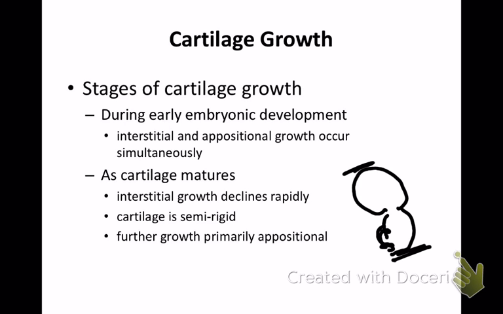Okay, so cartilage first, bone replaces, but cartilage does not turn into bone. All right, so in early embryonic development, we're going to have both interstitial and appositional growth, and then as the cartilage matures, interstitial growth doesn't work very well anymore because the cartilage is too rigid, and so from that point on, if I want to make something bigger, I'm just adding new layers to the outside. Are we good with that?